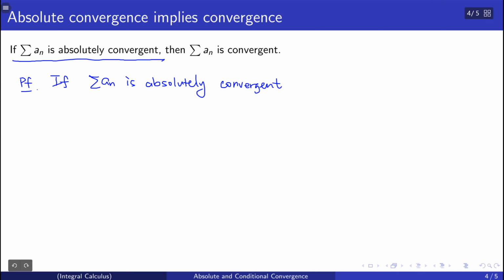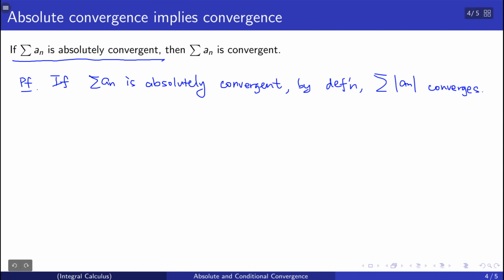If sum a_n is absolutely convergent, then by definition, the series of absolute values converges. So we somehow want to find a way to relate the series of absolute values to the series of just a_n, and to show that a_n converges.